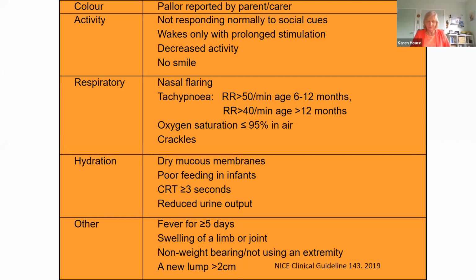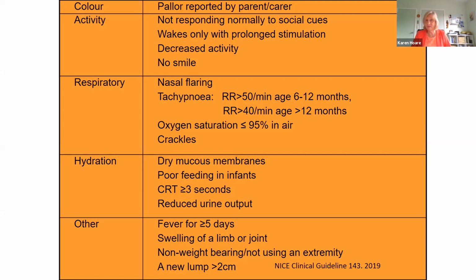So, for example, if you were assessing a child by telephone, which is what we're having to do now, you would ask about these features, particularly the respiratory rate. You could ask the parents to count the respiratory rate, talk about the feeding, and ask about anything else, the other section.